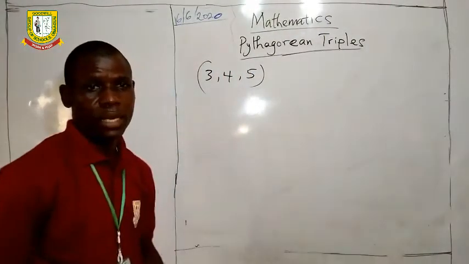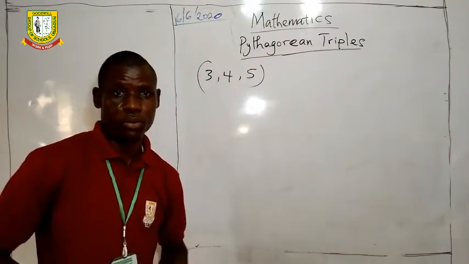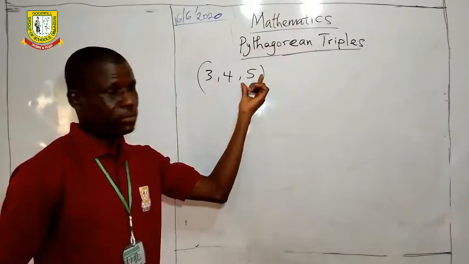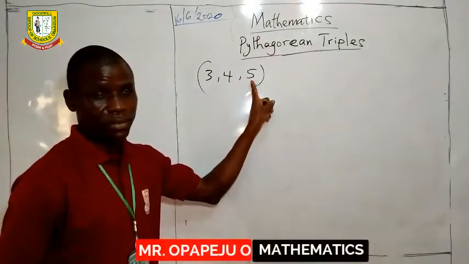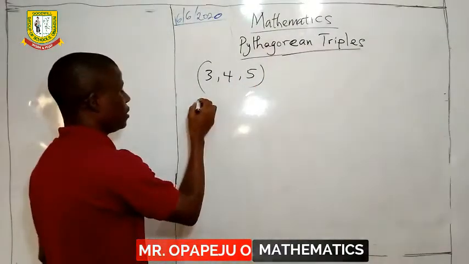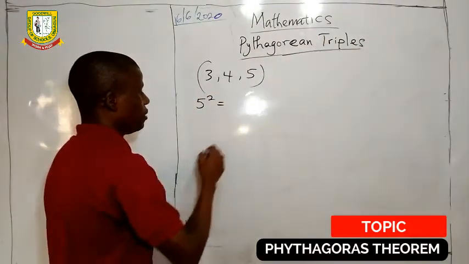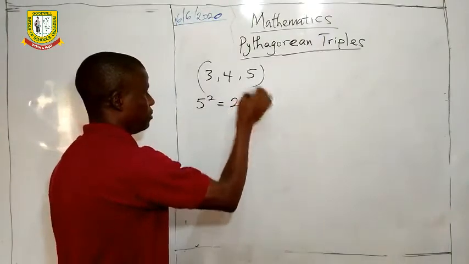This is an example of Pythagorean triples. Why? The largest of these 3 is 5. The square of 5 is 25.